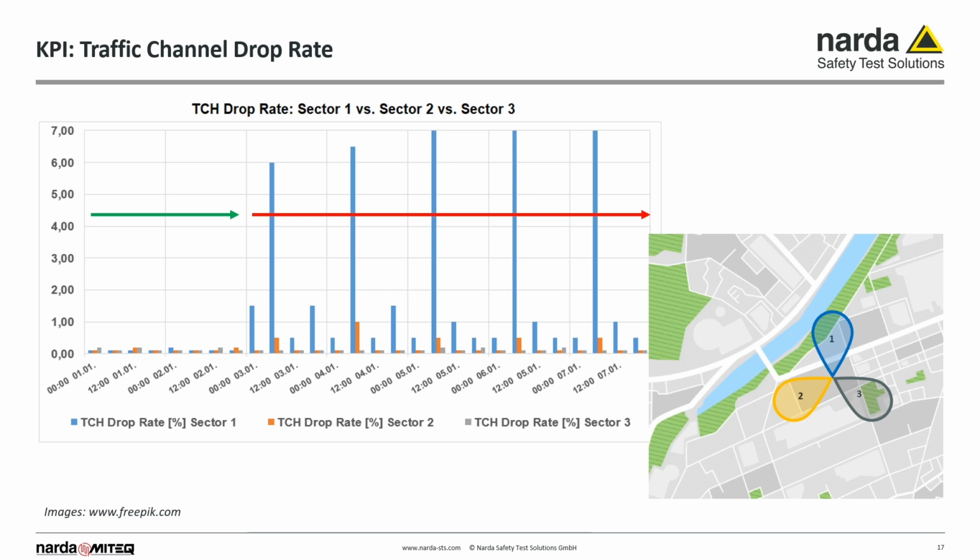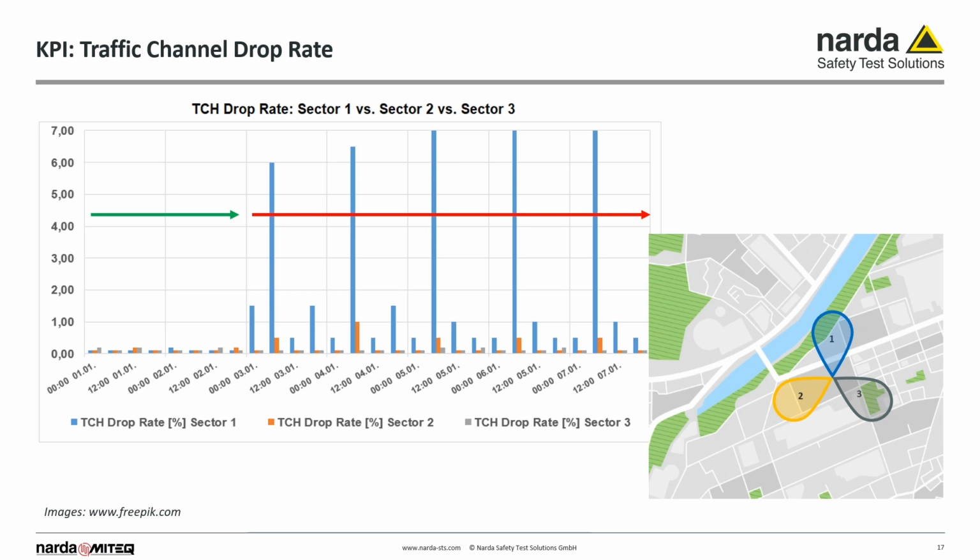In contrast, from day 3 on in our example, for sector 1, TCH drop rate increases to a value of up to 7% each morning around 6 o'clock, while for sector 2, we see just a slight increase in TCH drop rate, combined with the same daily rhythm.